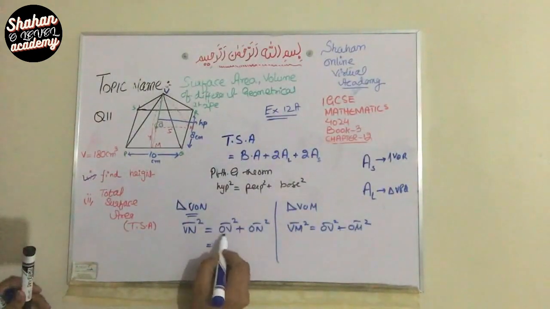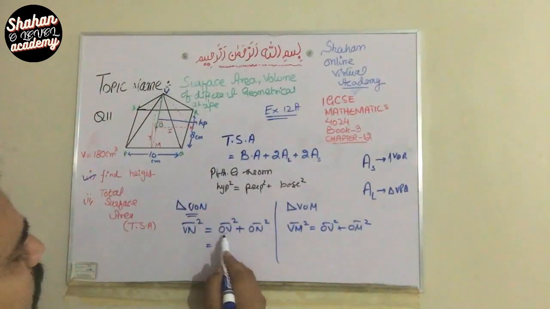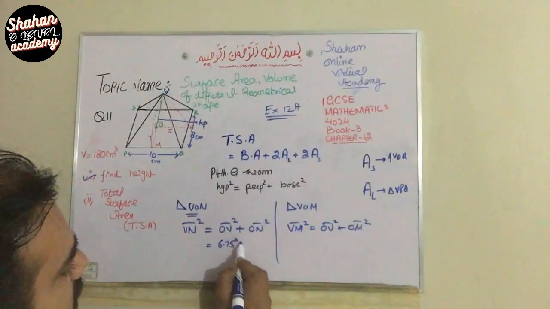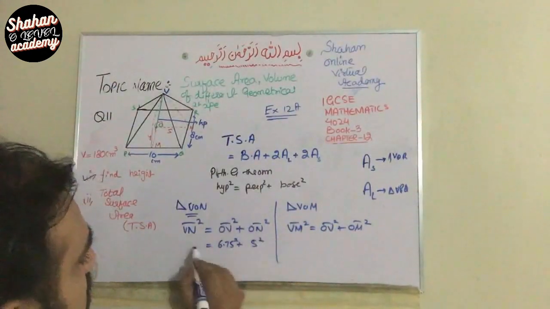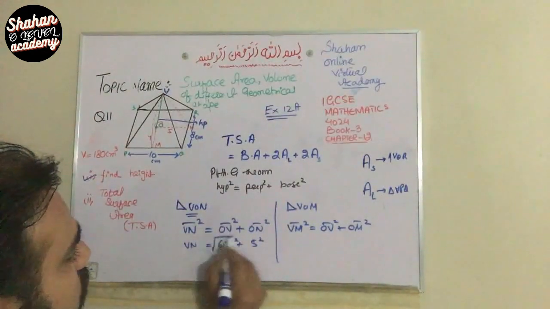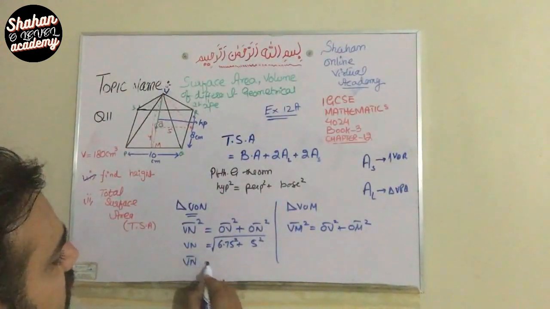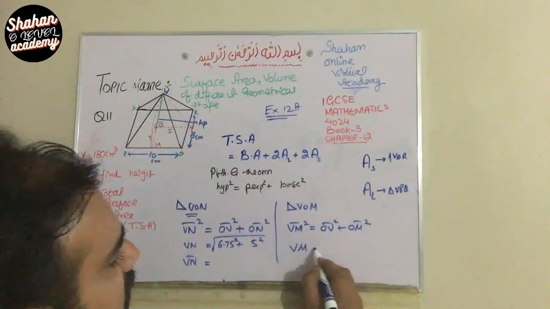We just put the values: OV is 6.75 squared, and ON is 5 squared. So we take the root value and we can find it easily with the help of a calculator.